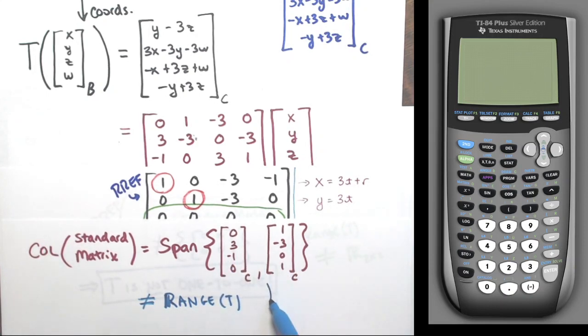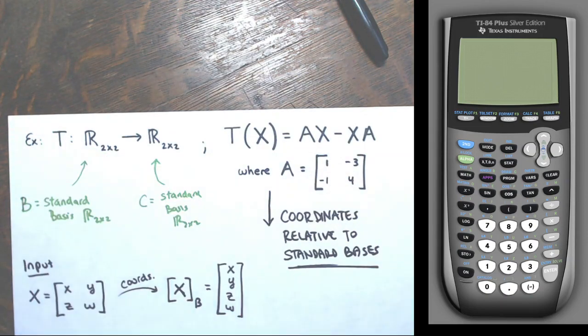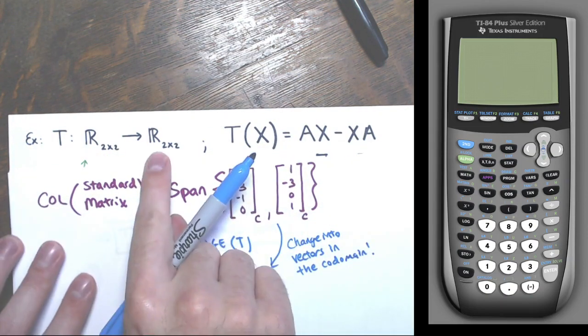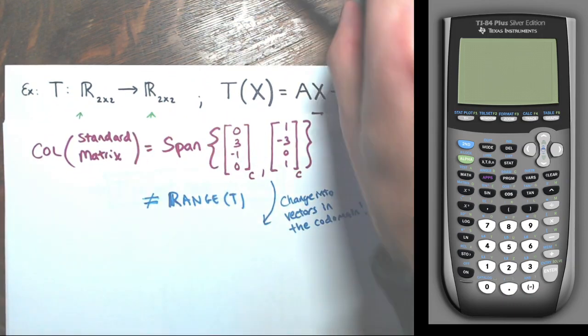But all we're going to do is change back, right? Change these into vectors that are in the codomain, by thinking about these vectors as coordinates with respect to the standard basis for the codomain. Now the codomain was R2 by 2, so my range should be composed of 2 by 2 matrices.